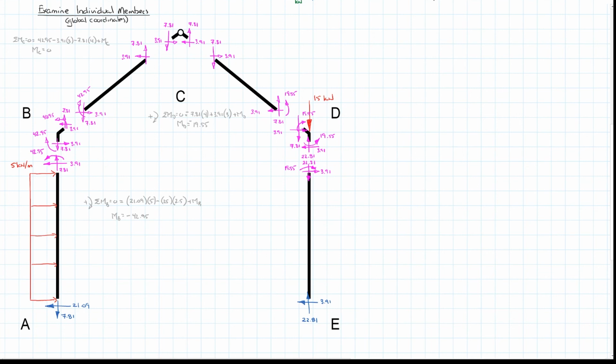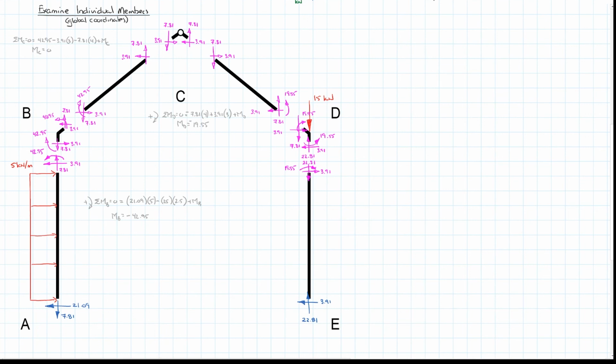If you do the sum of the moments equal to 0 about either D or E, you will find that they cancel out as well and that there's no moment at E, which gives us some satisfaction or some confidence that we've gone through this correctly without introducing any minor errors. So that's the big step.